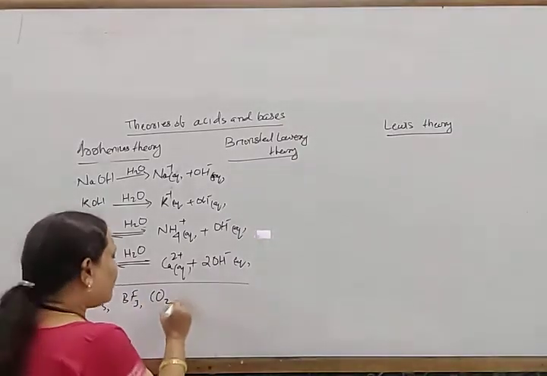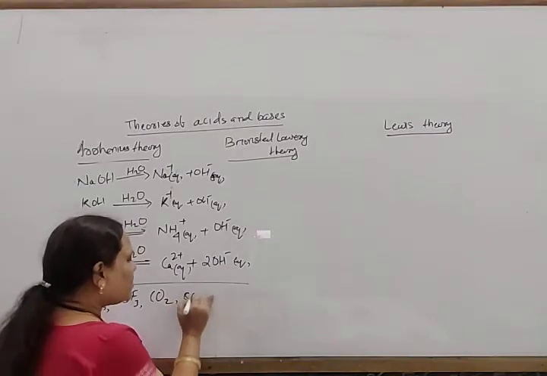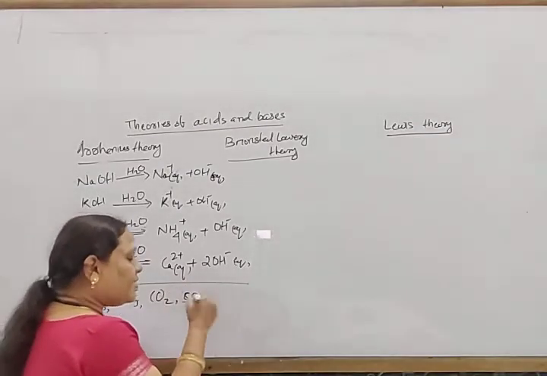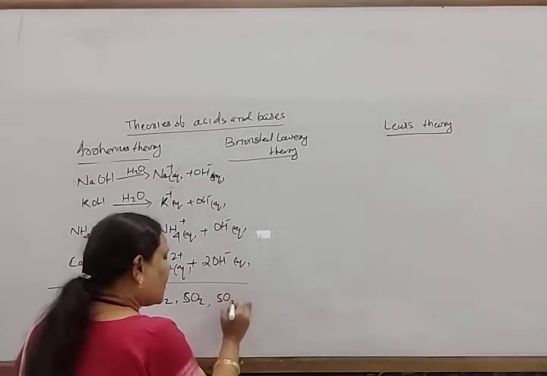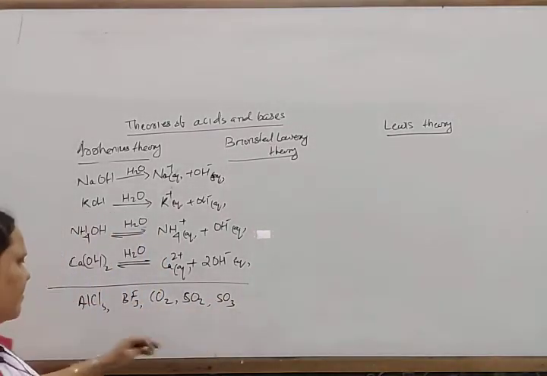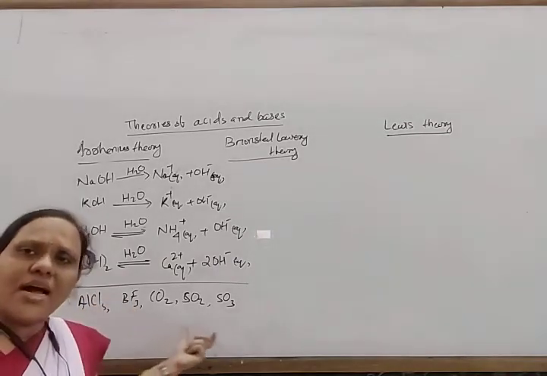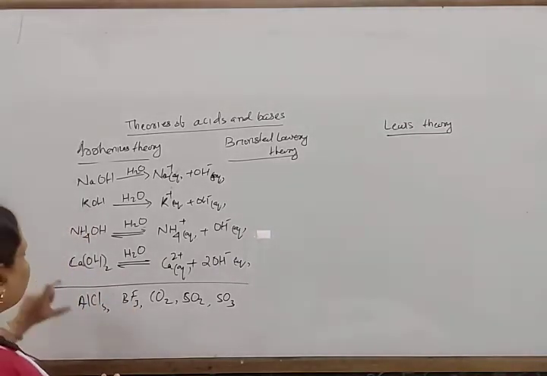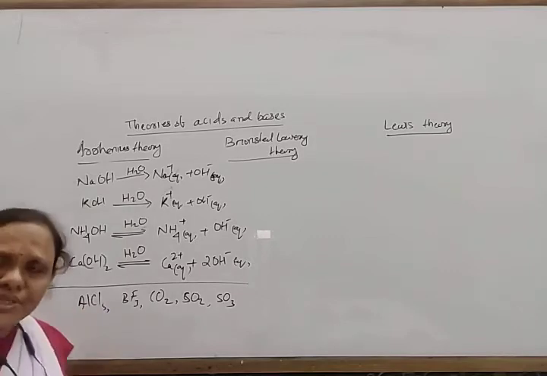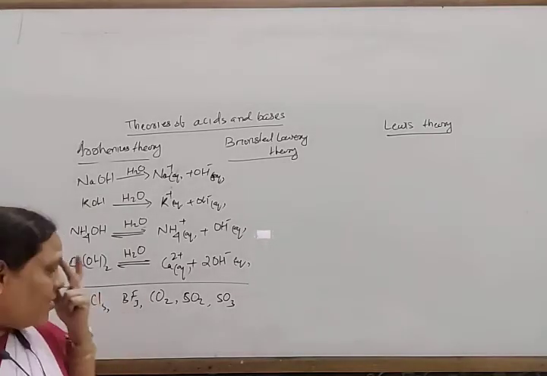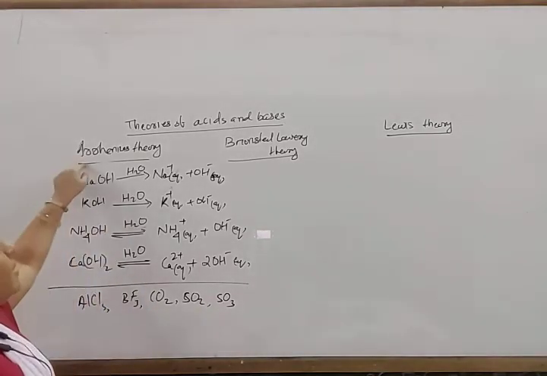Non-metal oxides like sulfur dioxide and sulfur trioxide, all non-metal oxides, are generally acids, and AlCl3, BF3 also act as acids. That cannot be explained by this Arrhenius theory. So all these acidic behaviors cannot be explained by Arrhenius theory.